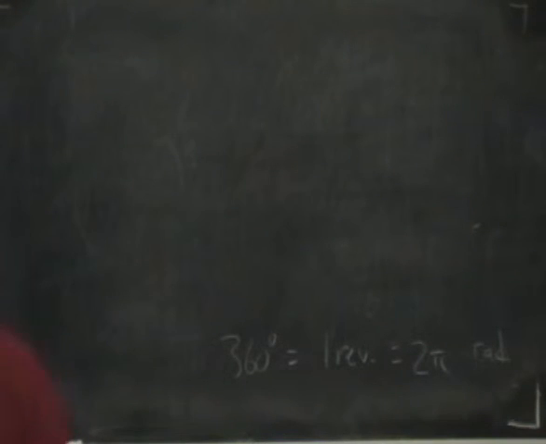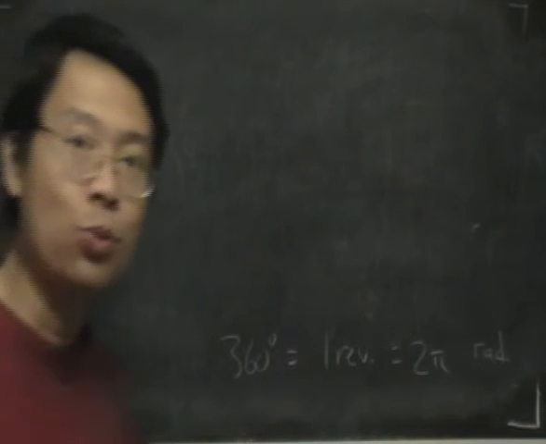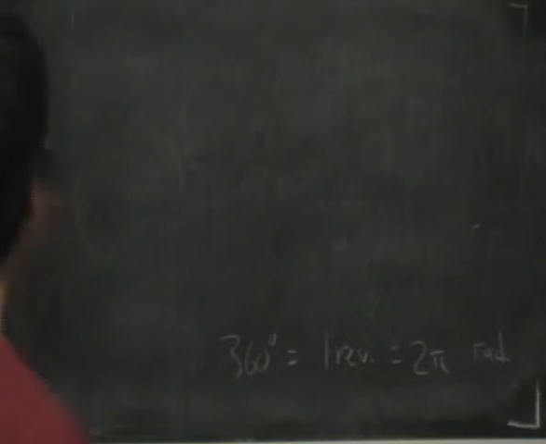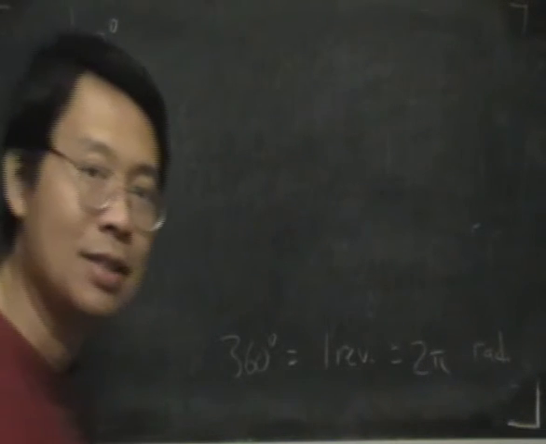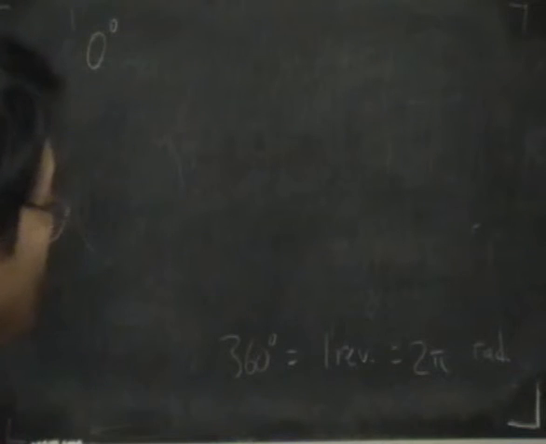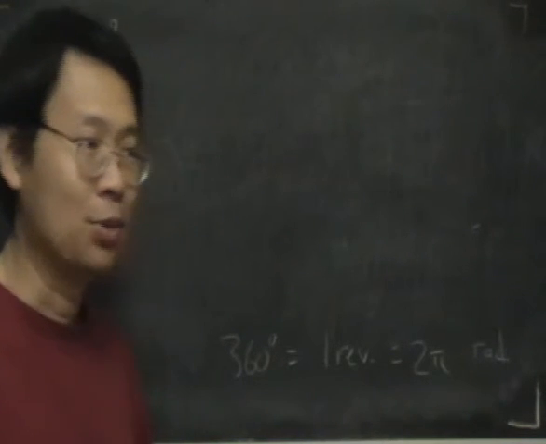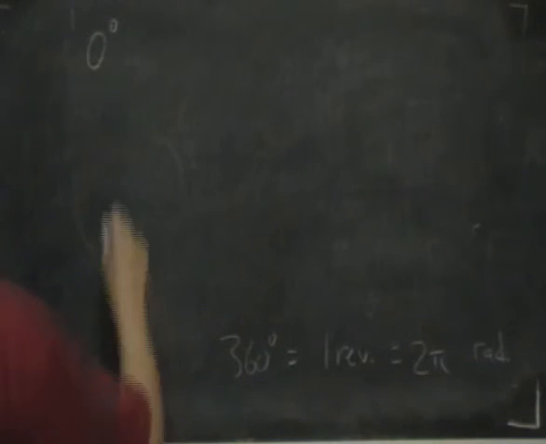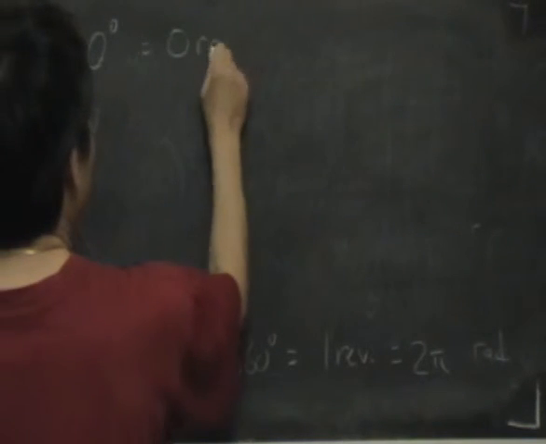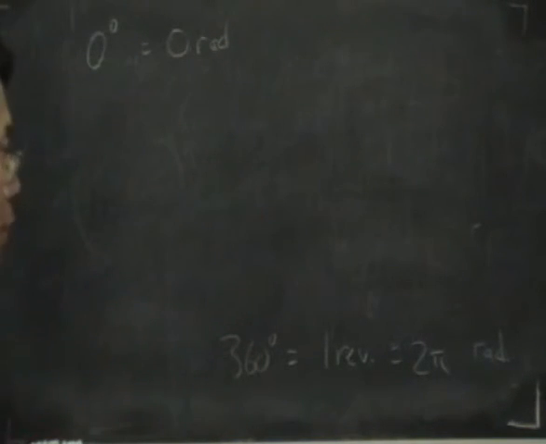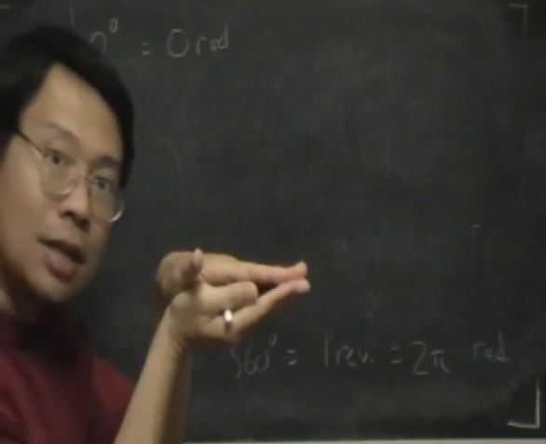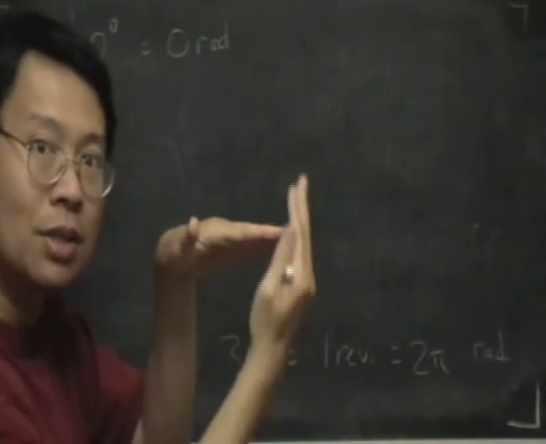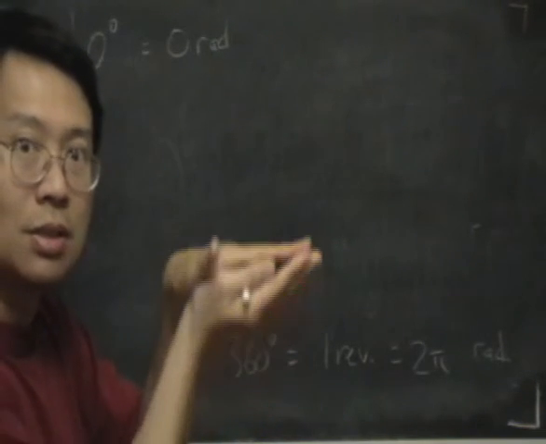So we start with something simple. The simplest angle is 0 degrees. That should be simple enough. So if you have 0 degrees, you also have 0 radians, because if you have a 0 angle, then the arc length down here would be 0.